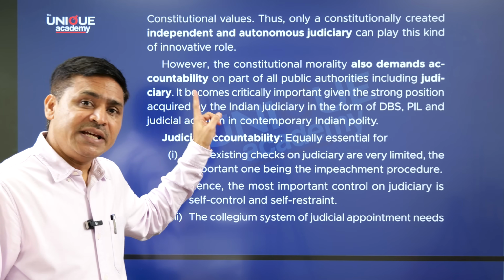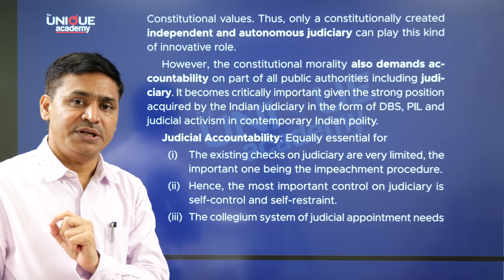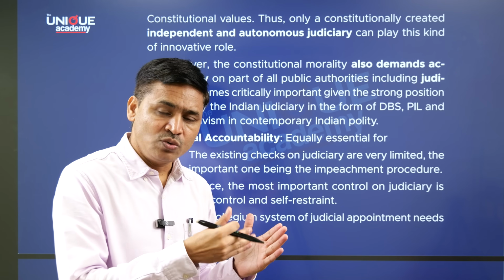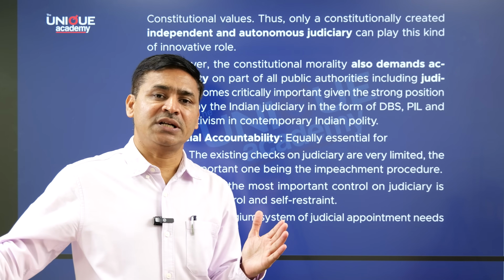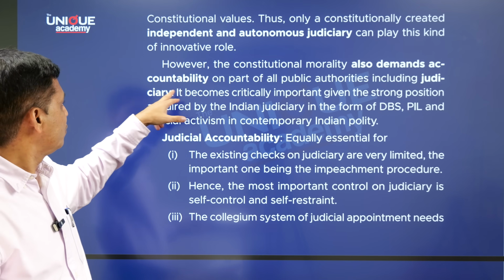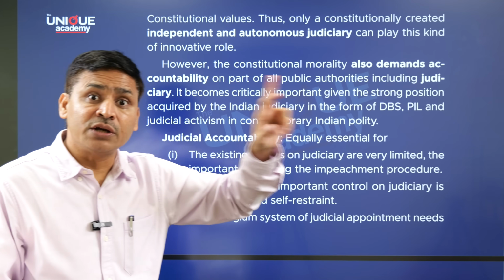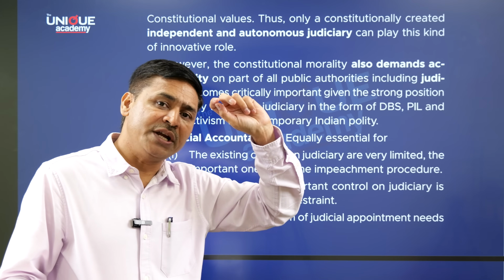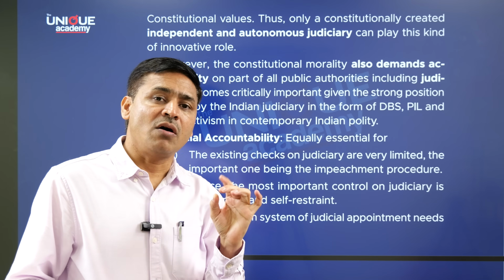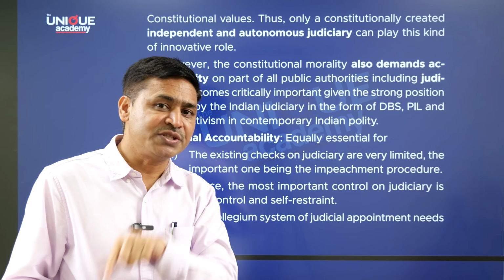But the second point mentioned in the question is judicial accountability. So independence is no doubt essential, but it has to come along with another aspect, that is judicial accountability. The constitutional morality also demands accountability on the part of all public authorities, because constitutional morality is first of all about that. So public authorities also are bound by the text and spirit of the constitution.